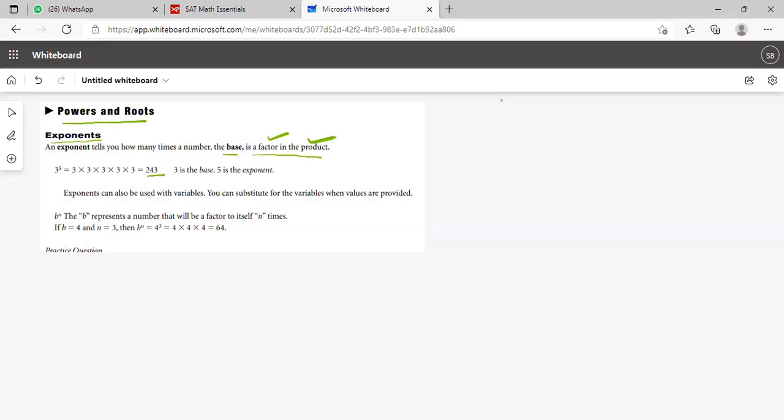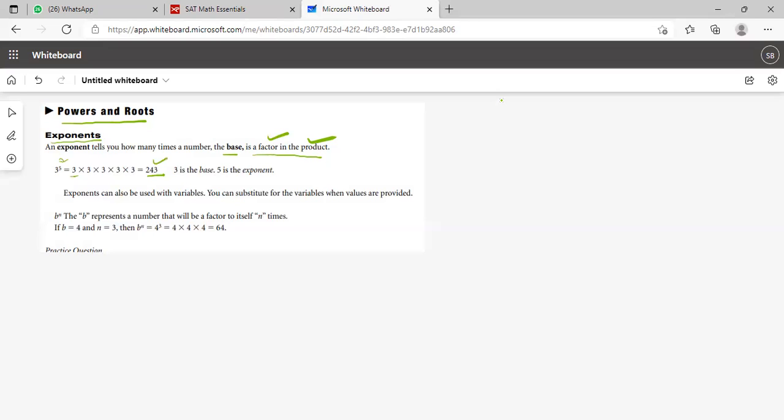And again, this 3 is a base as well. So an exponent, this exponent is 5 in this case, tells you how many times a number, that is the base, the number that is 3, is a factor in the product, that is how many times it is being multiplied to get this number.